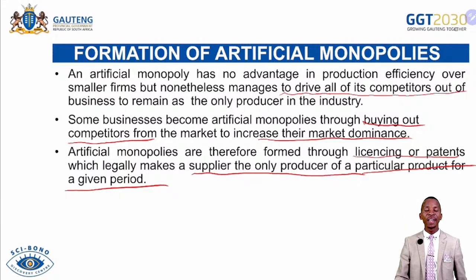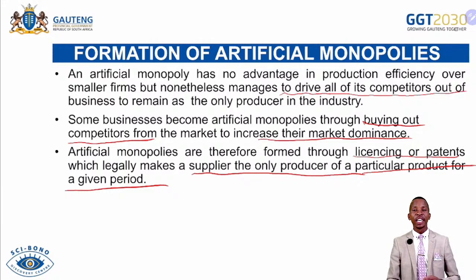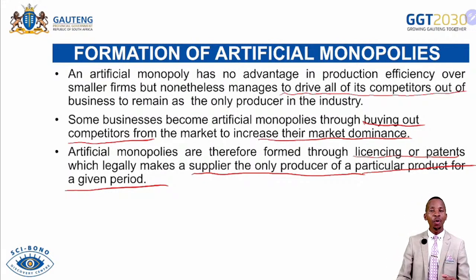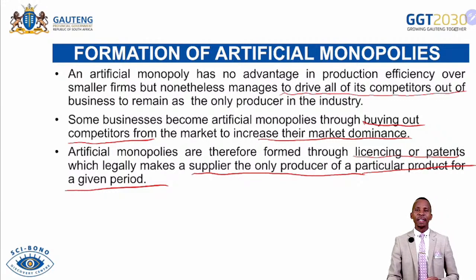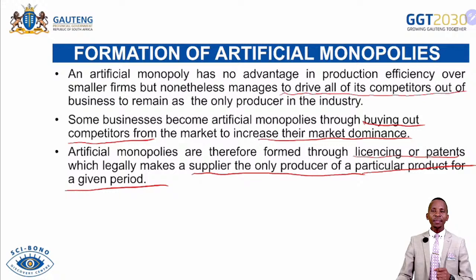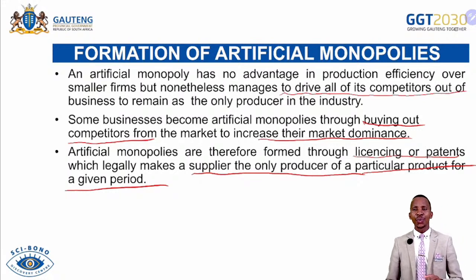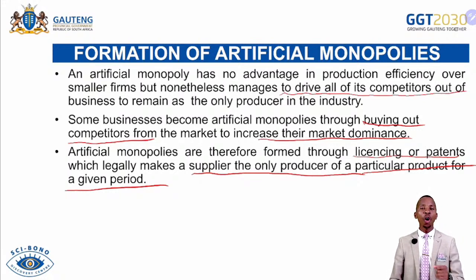That alone prevents the entry of new businesses, because the formal document prevents other firms from entering the market. So the patent is the document that legally allows a particular firm to be the only supplier of a particular product for the given period of time. We call that the patent.